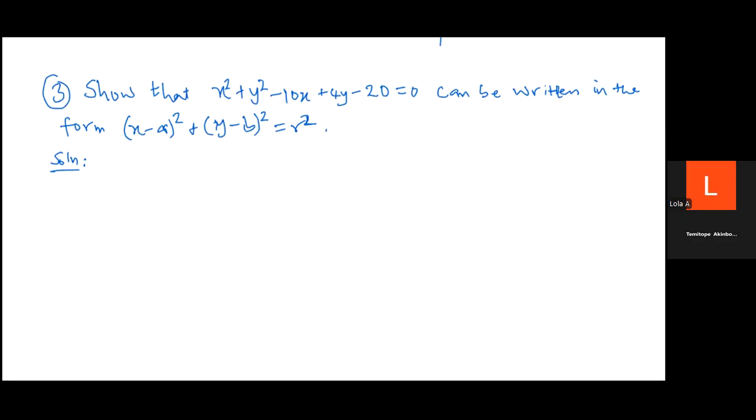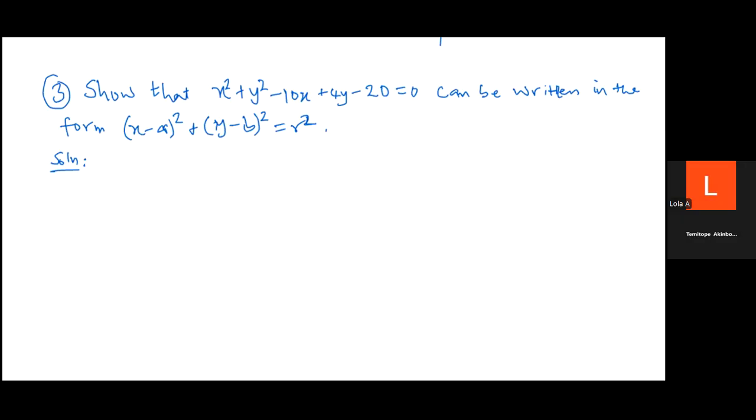Because if you want to write it in completed form, as the question demanded, you must know a and b, then r. So to do that means you want to find the center and radius from this equation given.